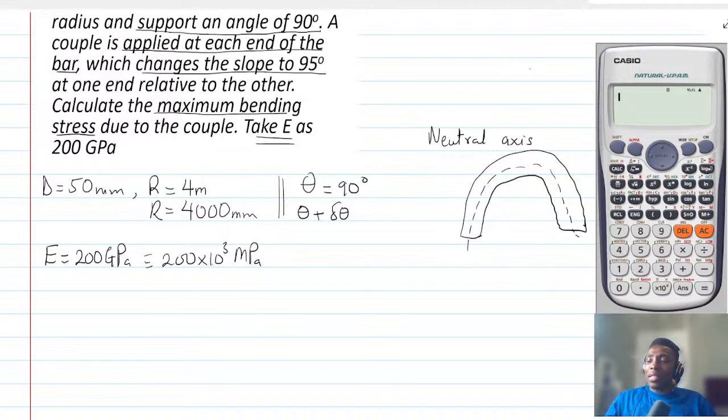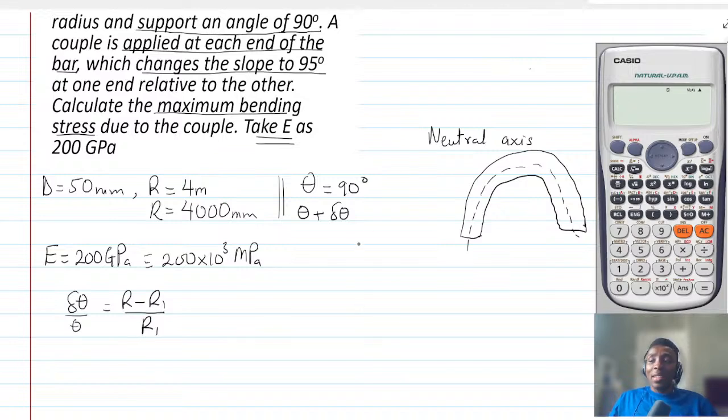There is a formula, and this is the formula. Whenever there is a change in the angle divided by the original angle, it will be equal to the change in the radius divided by the new radius.